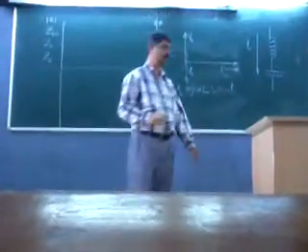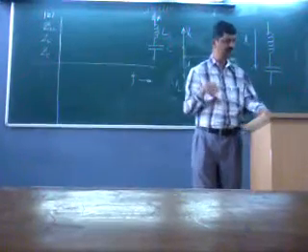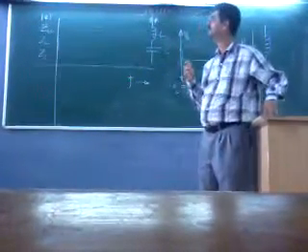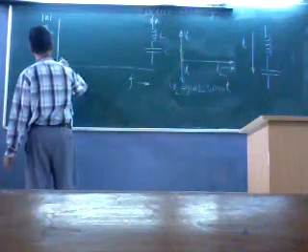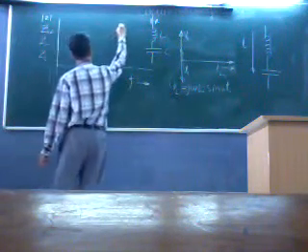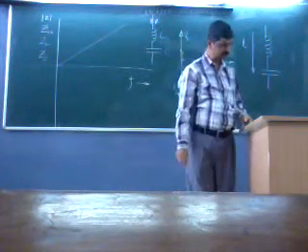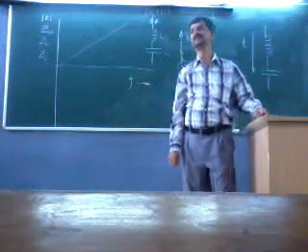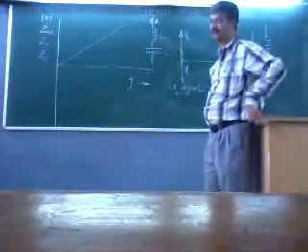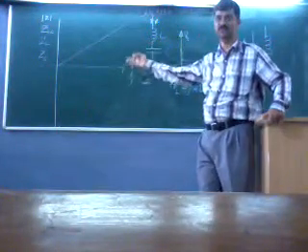ZL, how would it be? It would be XL. What about ZC? It would be a rectangular hyperbola in the lower quadrant because it is negative.